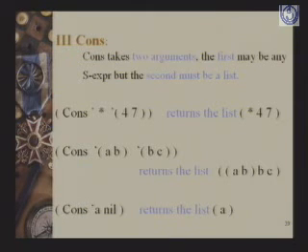Similarly, cons (A B). It is not necessary that the first argument must be a symbol only, it may be a list also.